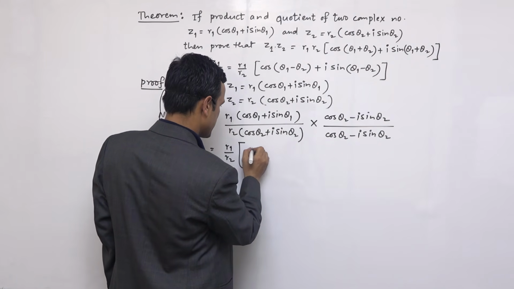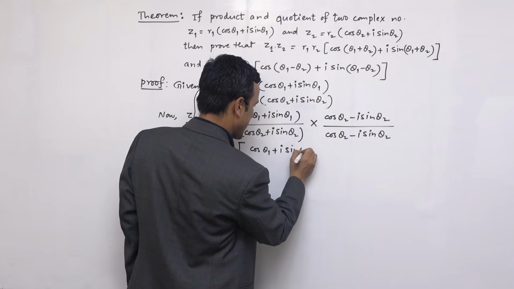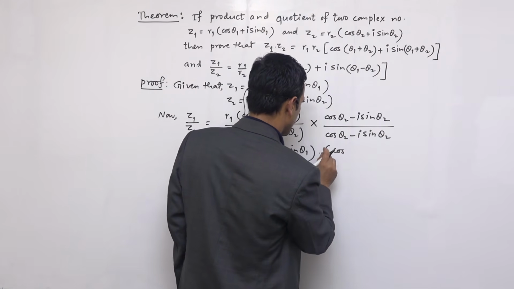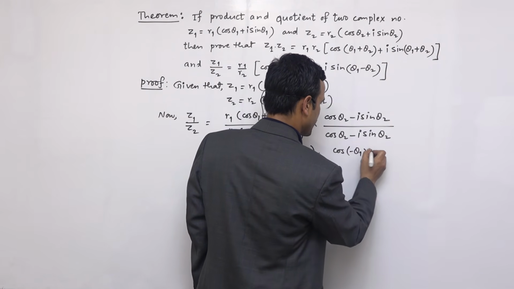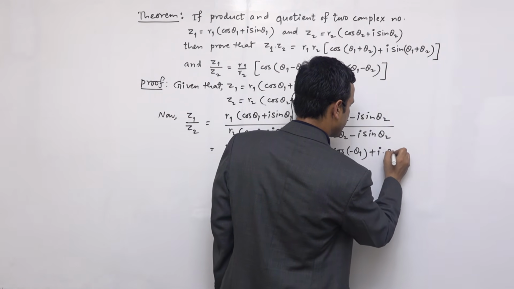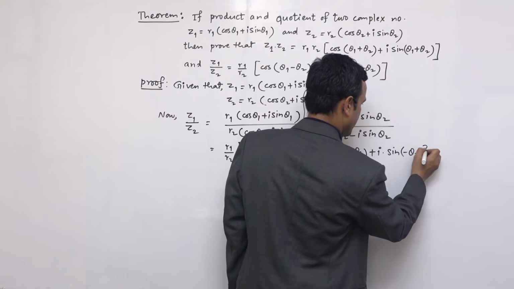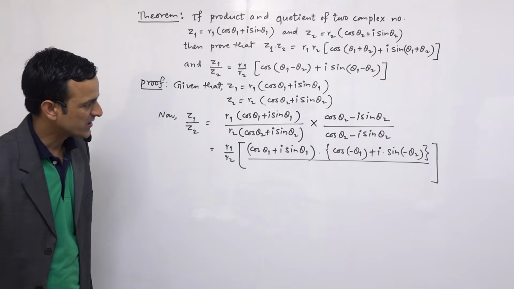What will happen then? cos theta 1 plus i sin theta 1 into cos(minus theta 1) plus i sin(minus theta 2) over here. This one.